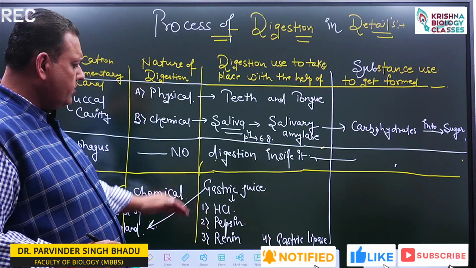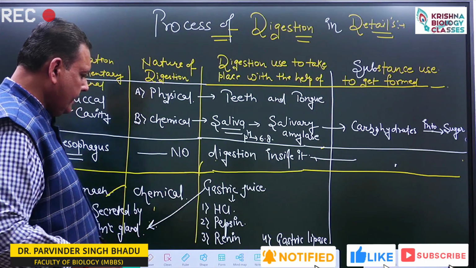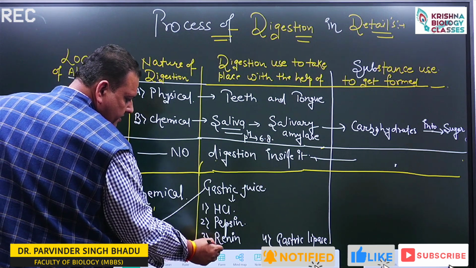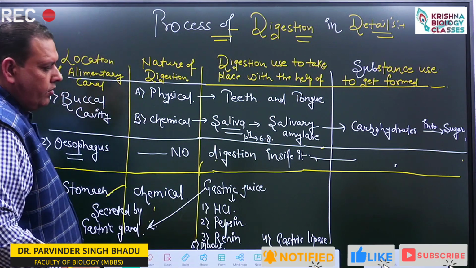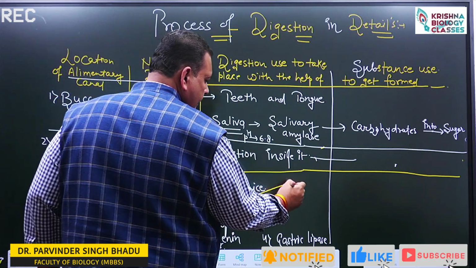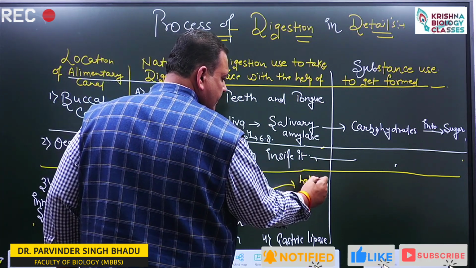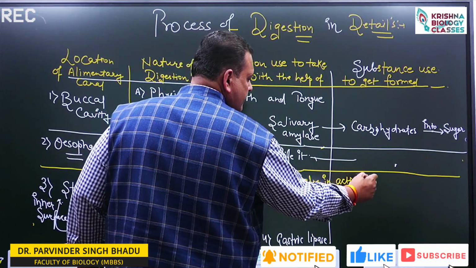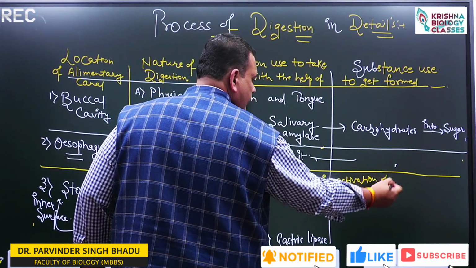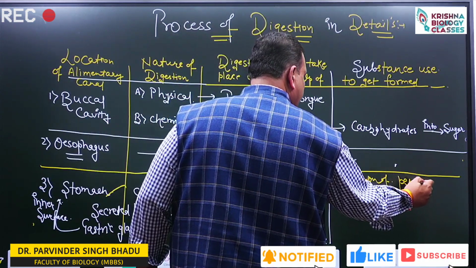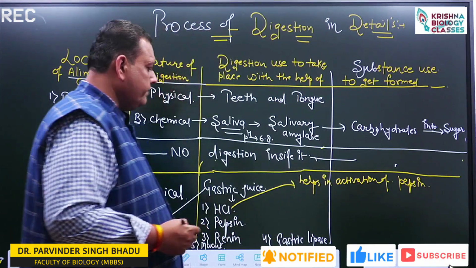ठीक है, but 2 or 3 components हमें याद रखने होते हैं. The 5th component is mucus. ठीक है. Now, what is the function of HCl? It helps in activation of pepsin. It is released in proactive form.